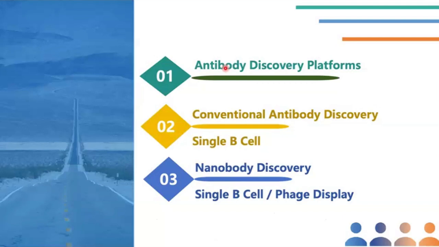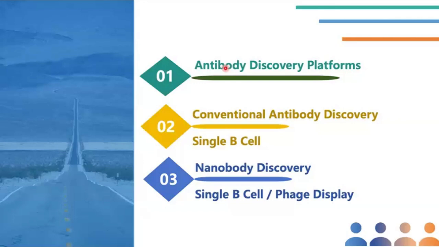And the last part, we will focus on nanobody discovery. I think this is a pretty new technique that we just came out with to our customers, and not only single B, but also phage display, but whatever, we will focus on the single B cell.